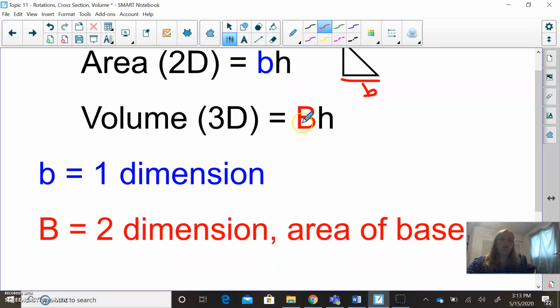Well, when we talk about 3D shapes, big B is the area of the base. It's not just one measurement, it's area of the base.